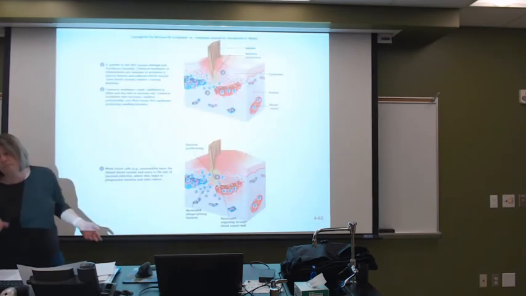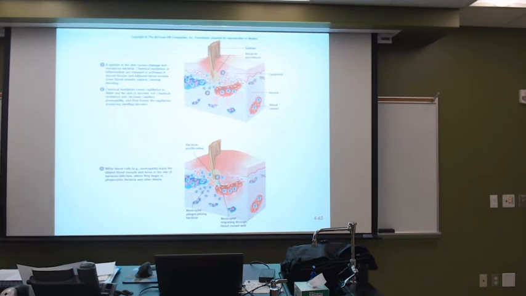So anytime we get a breach from the outside environment to the inside environment, the goal of the body is to keep out any type of pathogens. Keep out toxins. Do not allow what's out here to enter here.